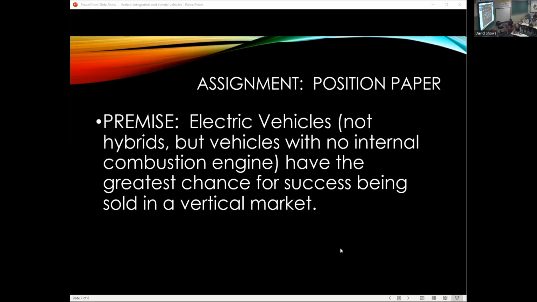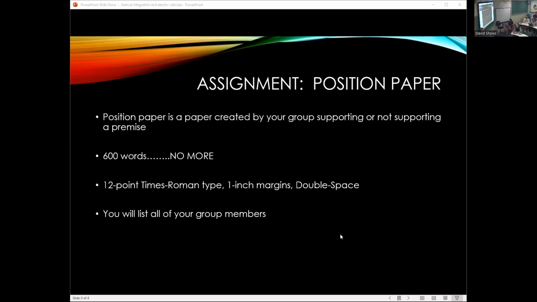And so what is the format that I wish for you to do in your group? You'll take it as a group and you'll create a paper supporting or not supporting the premise. And I'm going to have one group present a 5-minute clip, 5 to 10 minutes.